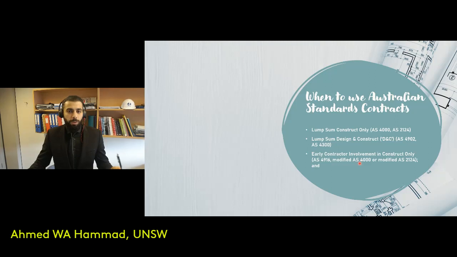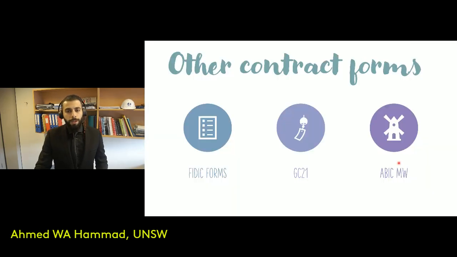And if you have a contractor that's involved early on in a construct only project, then it's AS4916. You can also use AS4000, but you might need to modify some of the terms and conditions. Likewise, for AS2124, there might be a need for modification of some of the terms.